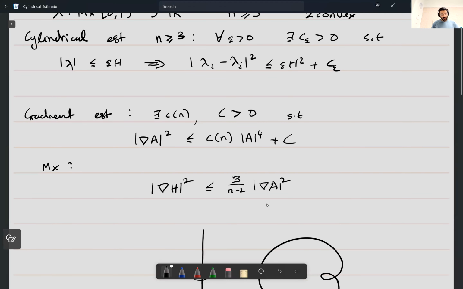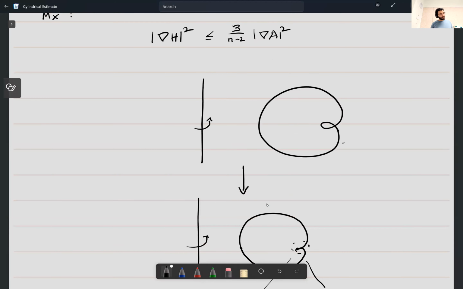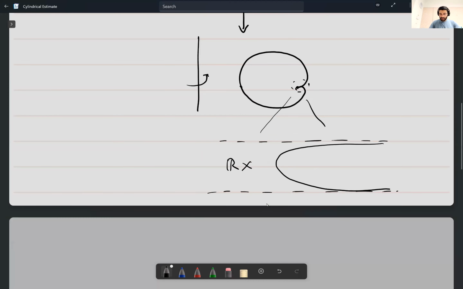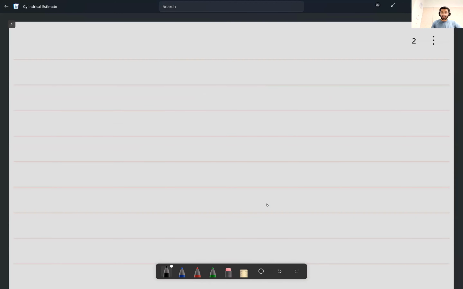Now, this gradient estimate, on the other hand, as it turns out, is also not true. If I look at the quantity nabla A squared divided by H to the 4, well, this Grim Reaper, gamma t, is equal to x, y, t minus log sec x.